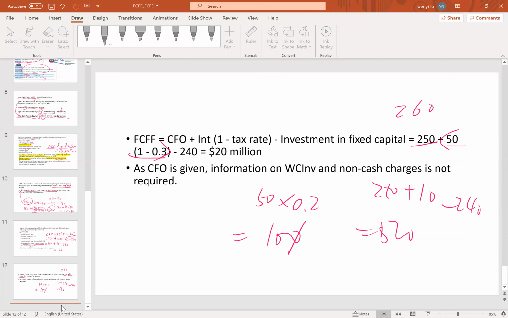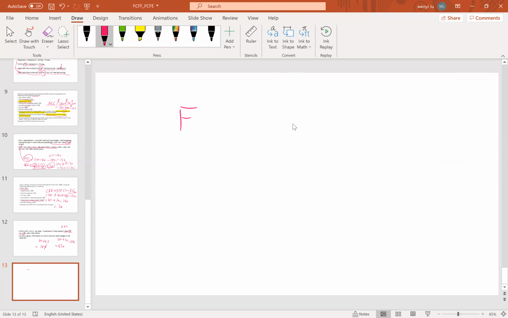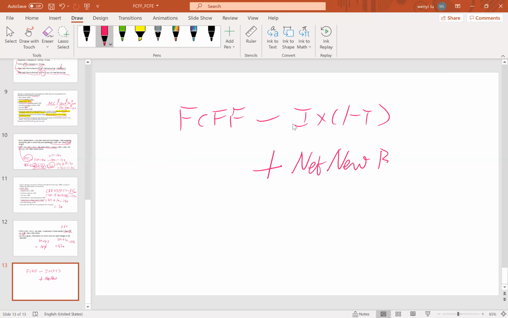After you solve the free cash flow to the firm, you need to minus the interest expense after tax, and also plus the net new borrowing from the debt holders.